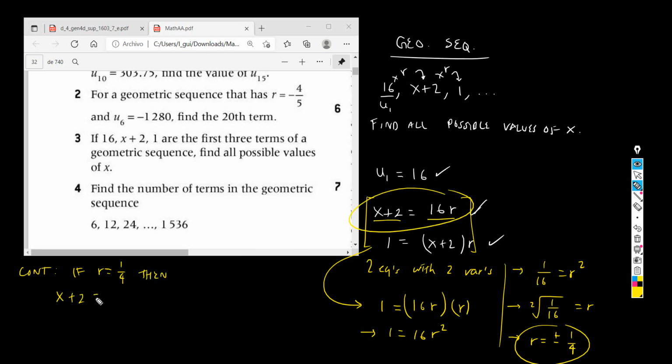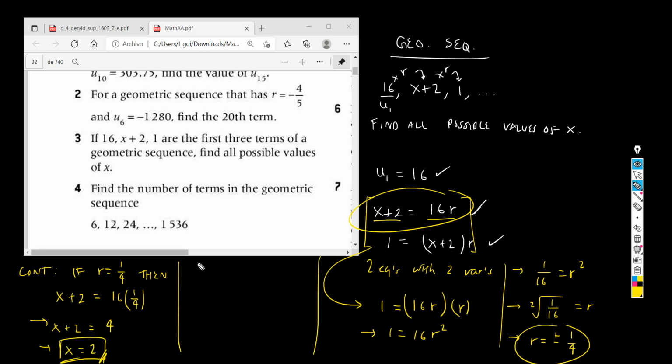Then we have this, x plus 2 equals 16 over 1/4, and therefore we can find the value of x if we choose r equals 1/4, right? I have to consider both options, one with the plus and one with the minus. So this is going to be equal to 16, it's going to be 4, and therefore x is going to be 2. That's one option.